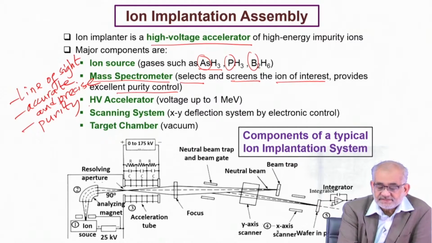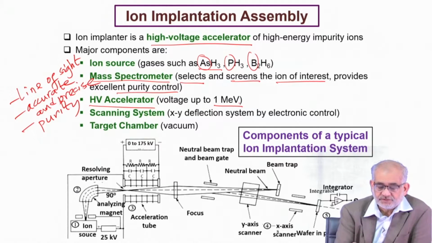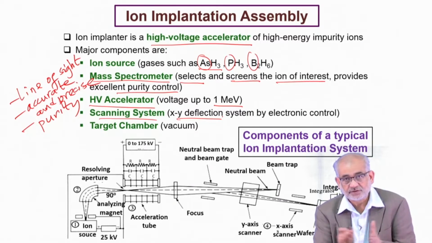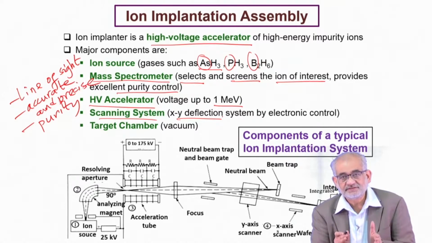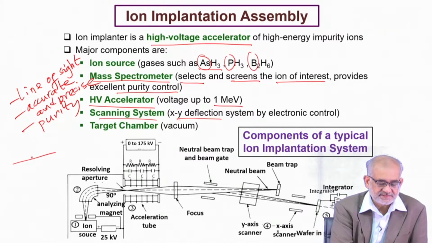So we need, as I said, a high voltage accelerator, typically maximum about 1 million volts, but usually we apply anything like 300 to 500 kilovolts. We also need a scanning system which will allow the beam to be deflected in the X or Y direction. This deflection makes sure that you are implanting precisely at this spot and certainly not anywhere here or here.